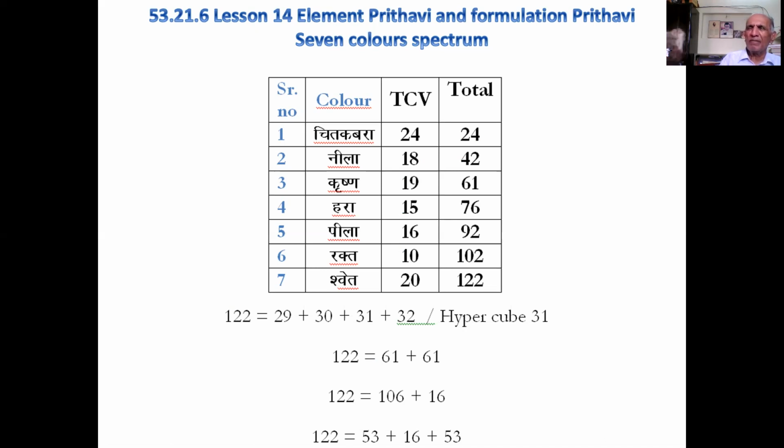Hypercube 31 means parallel with 31 structural components of a cube, hypercube 3. These are the features which deserve to be comprehended well. One shall sit comfortably and visit the organization for value 122 as summation value 29 plus 30 plus 31 plus 32, further as 61 and 61, still further as 106 and 16, and still further as 53, 16 and 53.